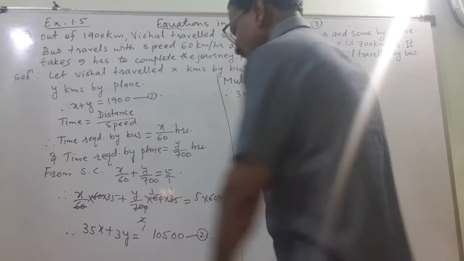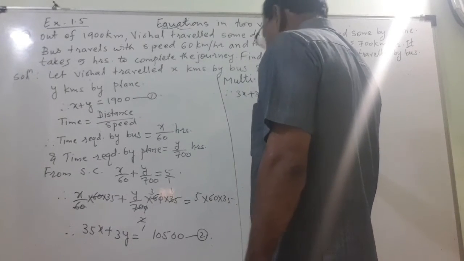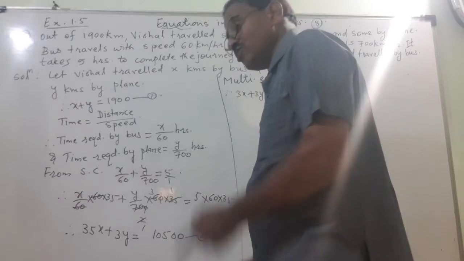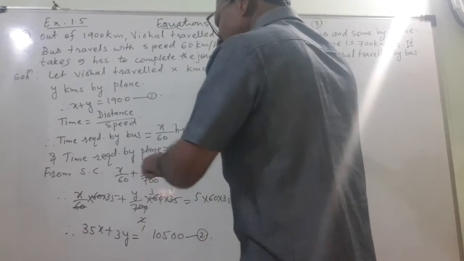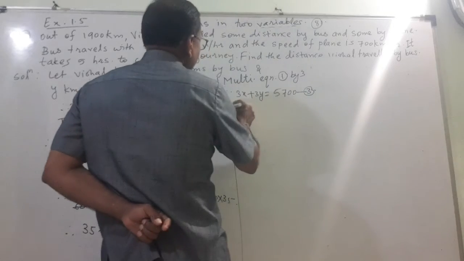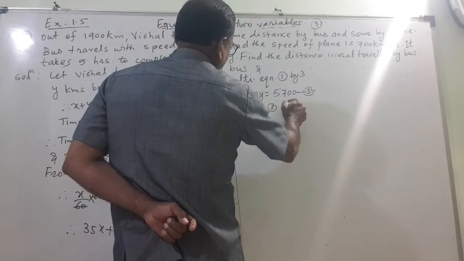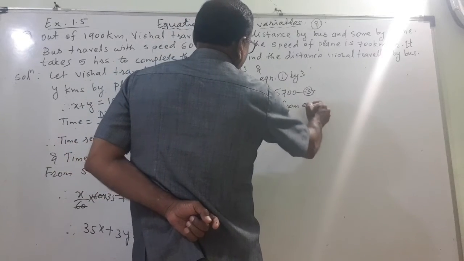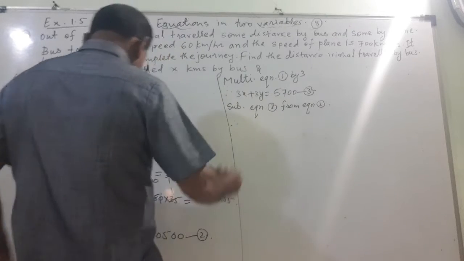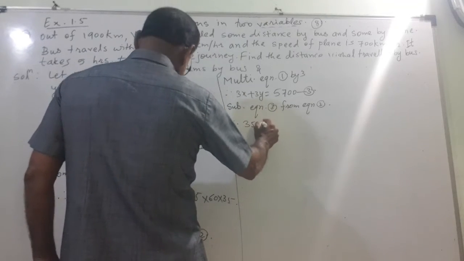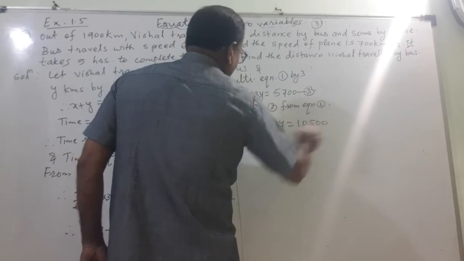Now look at this. Now this y has come equal. Which is bigger? This is 5700 and this is 10500. So this is bigger, so subtract equation 3 from equation 2. Therefore, 35x plus 3y is equal to 10500.